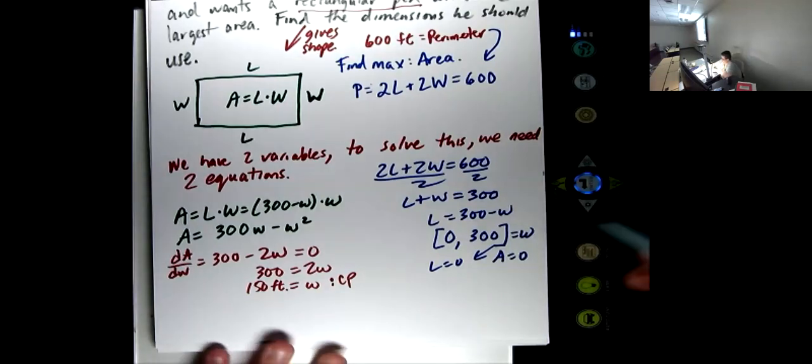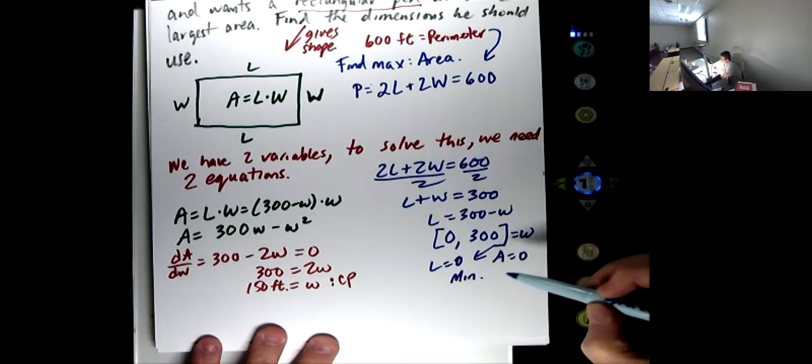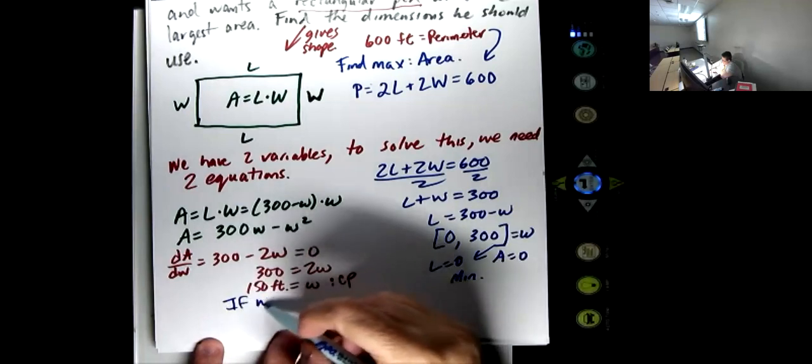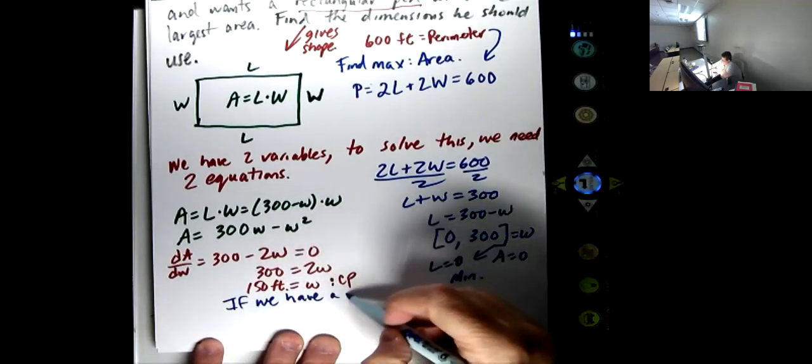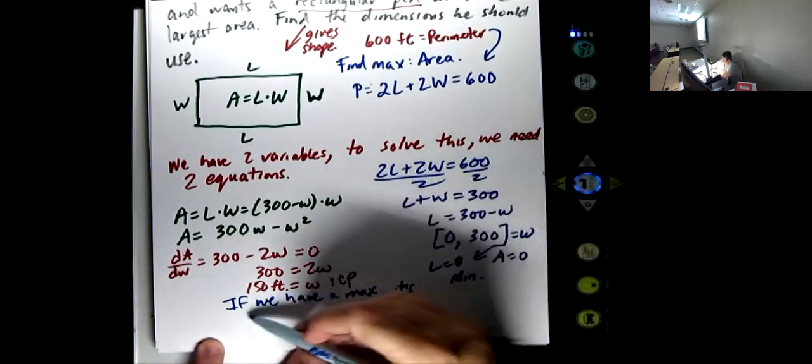So those are minimums. If we have a max, it's the critical point.